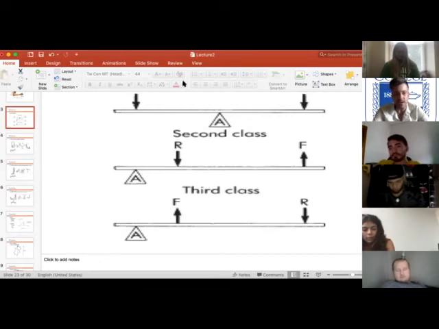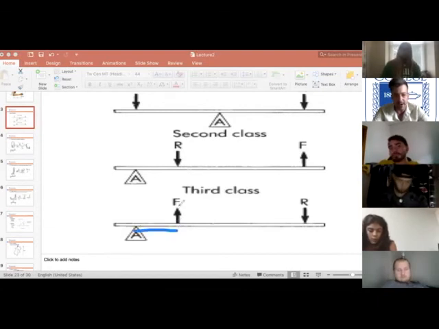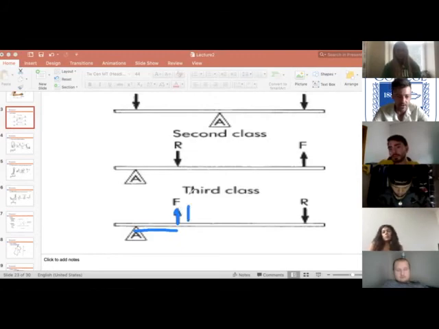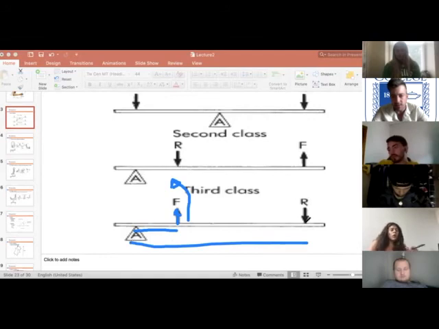And if that's the case here, then this distance here multiplied by this force here is going to create a torque that's going to create some type of rotation in that direction. The problem here is that this distance associated with the R, look at how much longer it is. So the resistance force here is going to create much greater torque potentially.